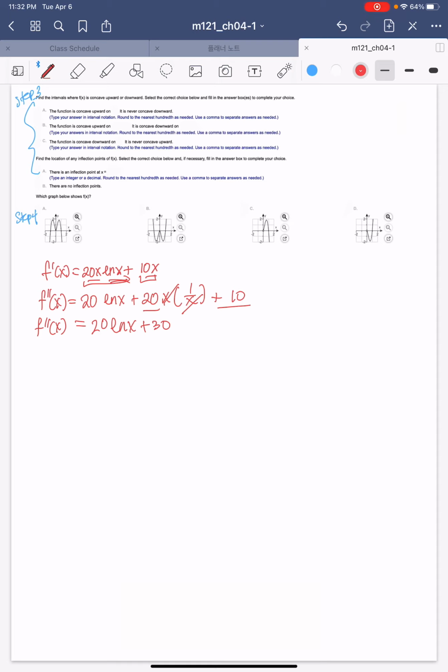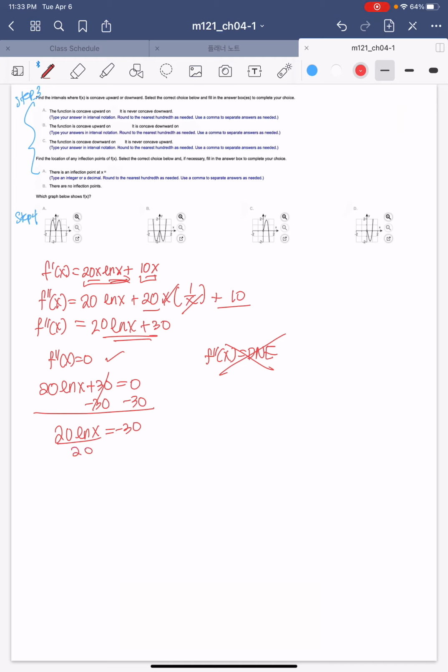Now, with the second derivative, let's find the inflection point. Two possible scenarios. You know that this exists everywhere, so we eliminate that. So the only possible way that we can have an inflection point is this part here. So let's set the second derivative function equal to 0. Subtract 30. 20 ln x equals negative 30. Divided by 20, ln x equals negative 3 over 2.